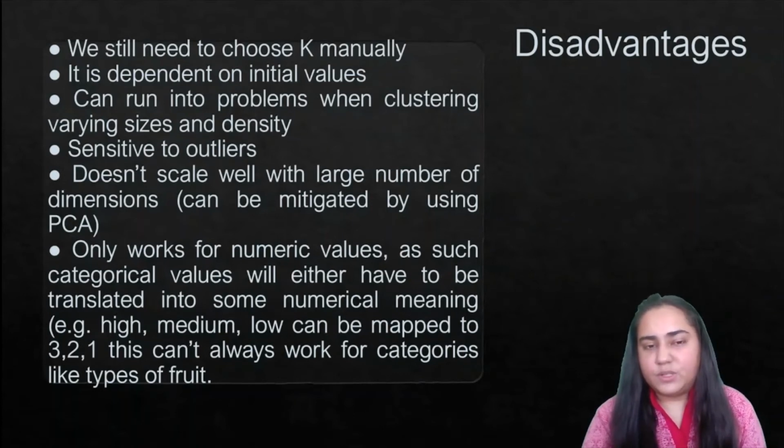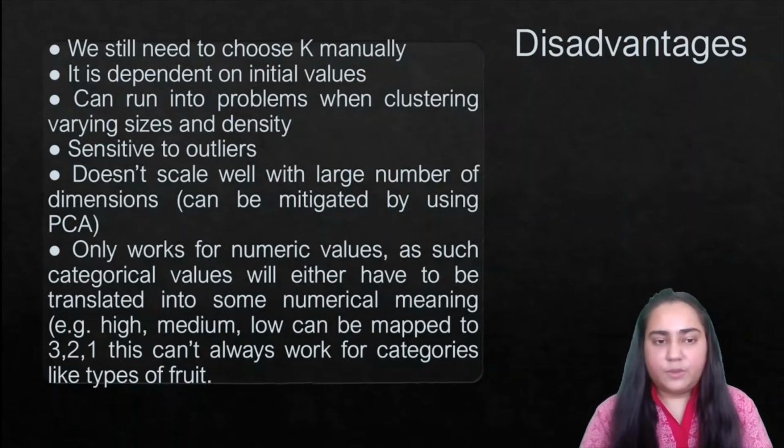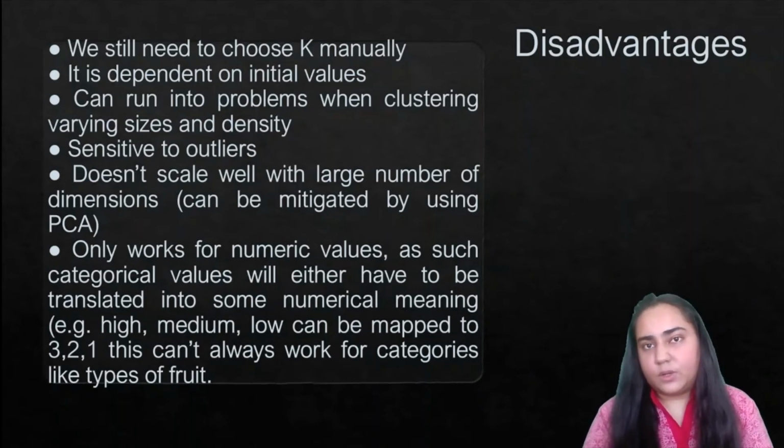So they would have to be translated into some numerical meaning, like high, medium, low could be mapped to 3 to 1, but that doesn't always work for categories like types of fruits. So if you have numerical values, this algorithm is going to work very well. But if you have categorical values, then it may not work that well. So that's where we would be using classification.